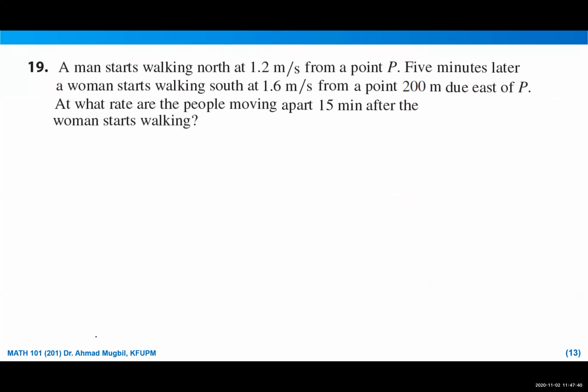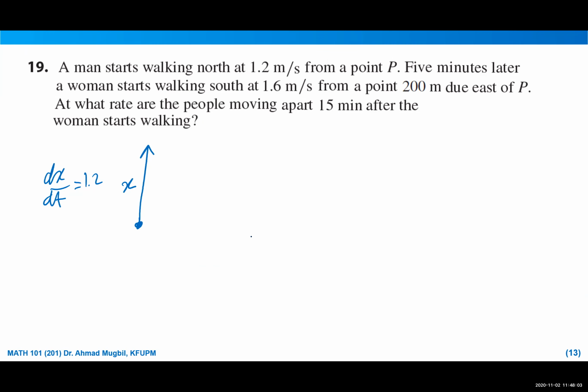We have here a man starting walking north. So this is north, he's traveling this way. If the distance here is x, then dx dt is 1.2. He starts from a point B. 5 minutes later, a woman starts walking south.